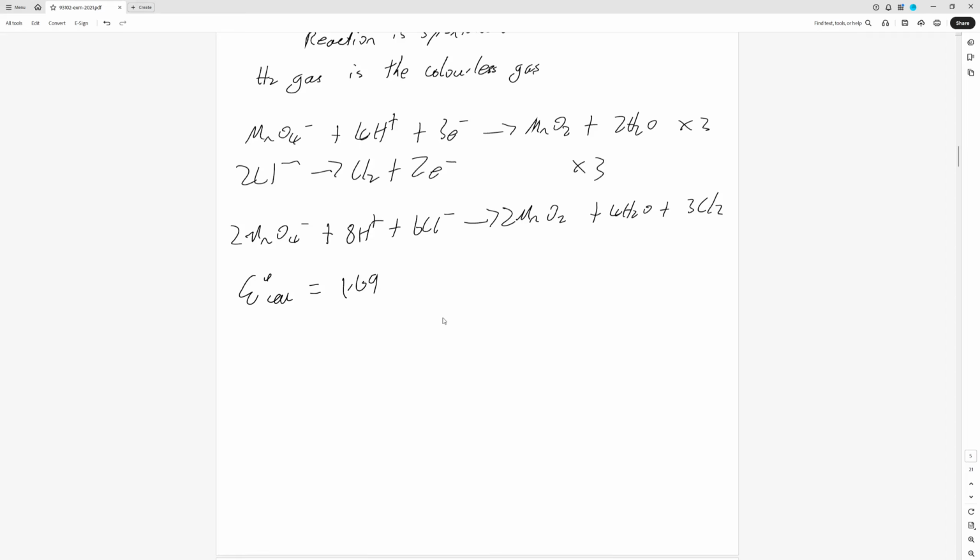So that's 1.69 minus 1.36, plus 0.33 volts. And the brown solid is going to be your manganese dioxide, and pale green gas is going to be chlorine gas. That's sub-problem B done. And moving on to part C.